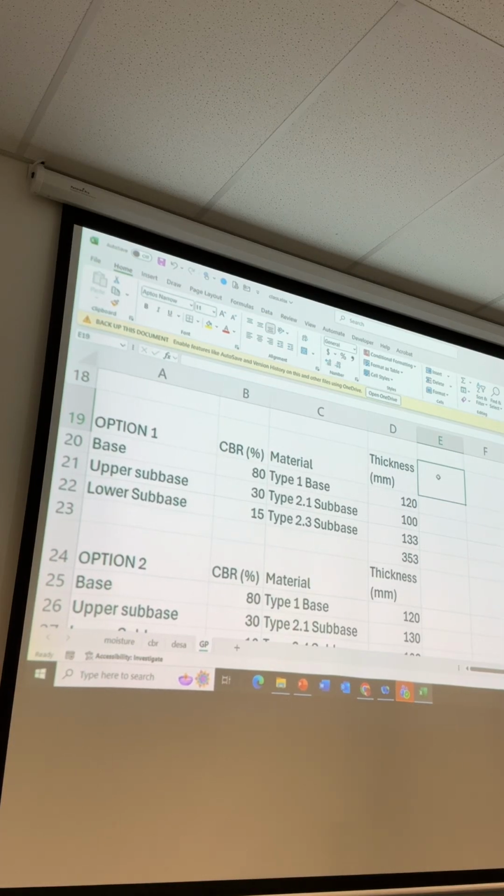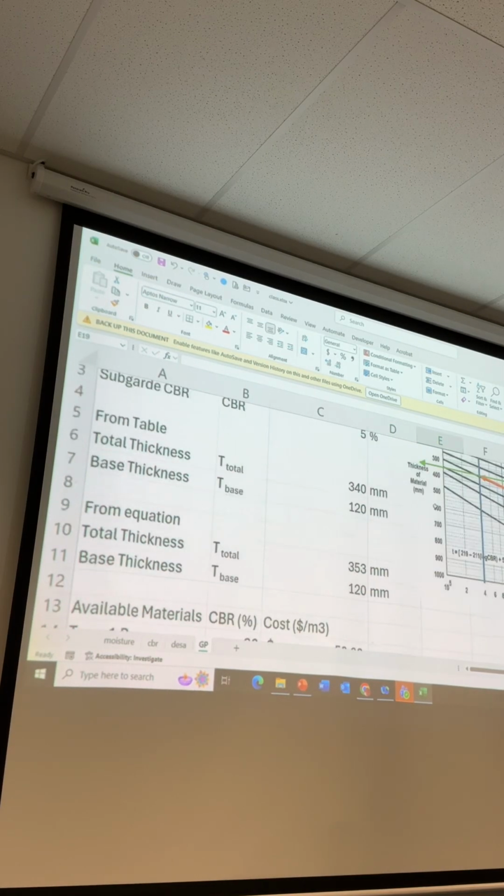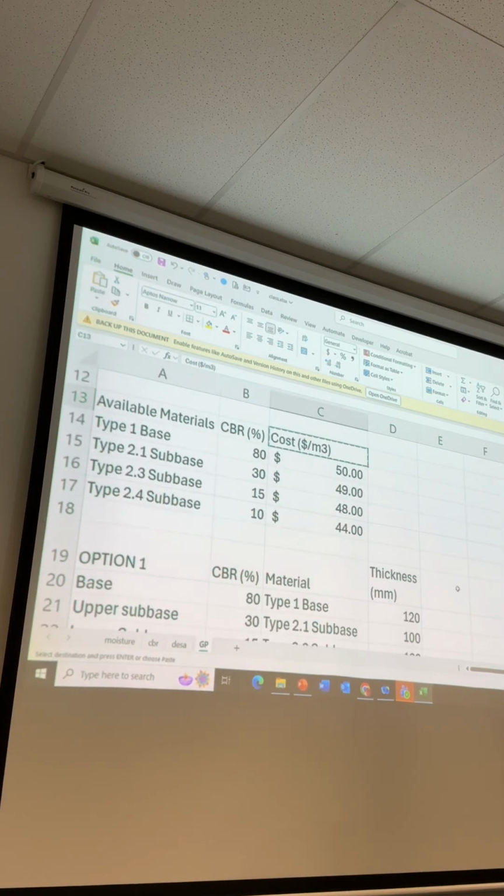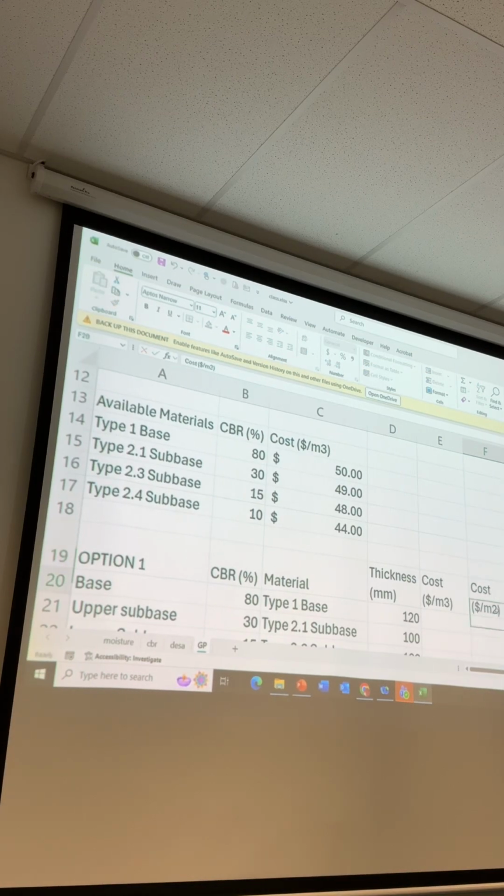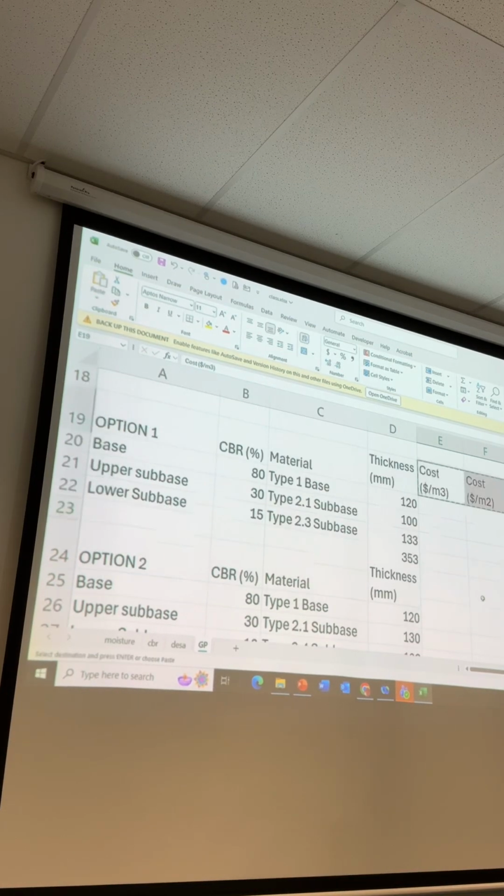Okay, so my total thickness is 353 millimeters: 120, 100, and 133. I want you to calculate the cost per square meter. Not per cubic meter, per square meter.